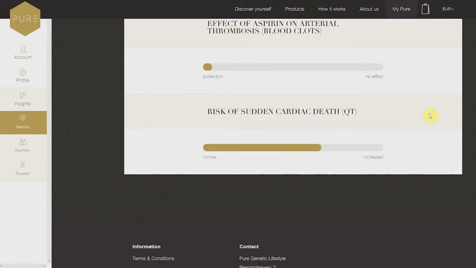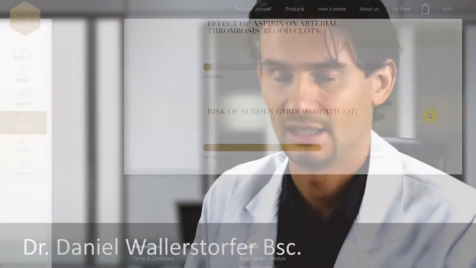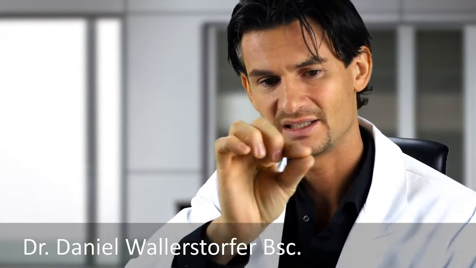And then finally, the risk of sudden cardiac death, which is essentially a spontaneous heart attack. This is associated to what we call the QT interval. So you might have seen in television a heartbeat on these medical machines. It goes up and down, and it has this typical shape.